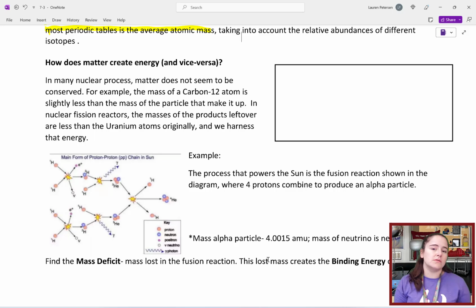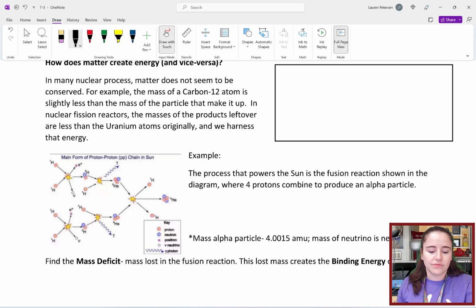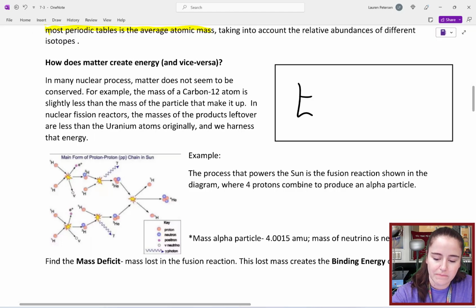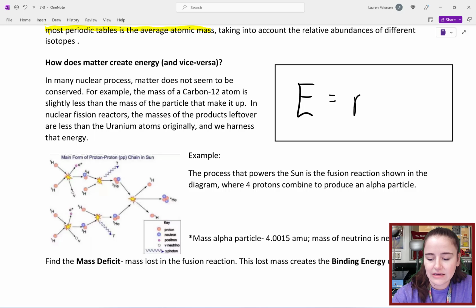Once we had technology that could measure masses really precisely, we saw that the masses of our products in these nuclear reactions were slightly less than expected. We weren't getting a complete conservation of mass. Thus, the conservation of mass was replaced with the conservation of mass energy, where E equals mc squared.